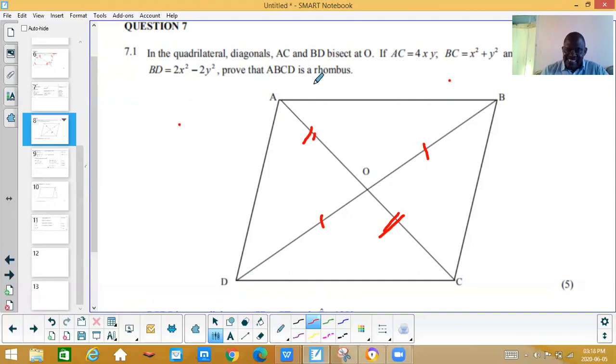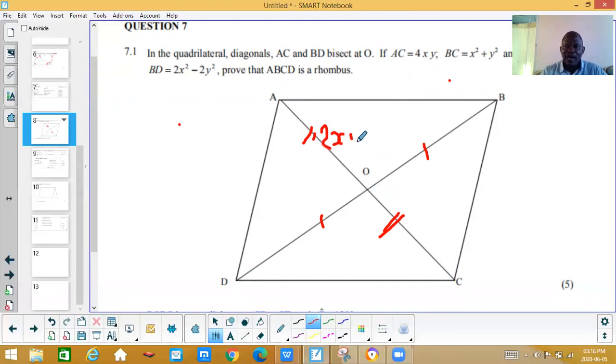We have the whole of AC equal to 4xy. So from here to here is 4xy. This one must be half of that, so it is 2xy.